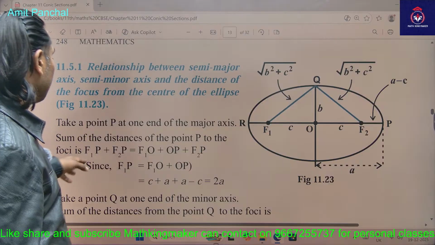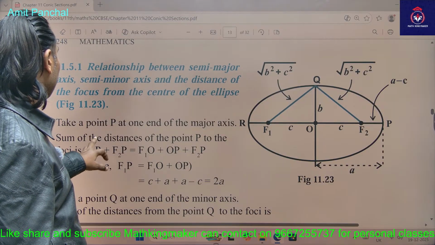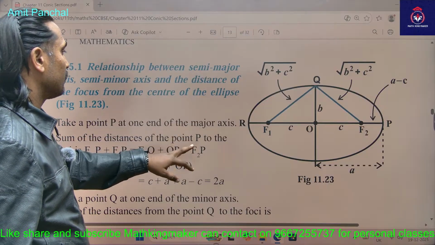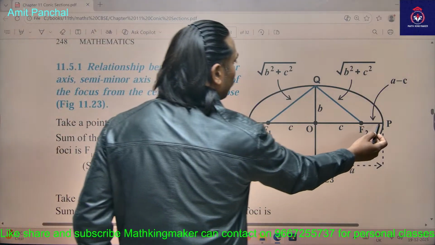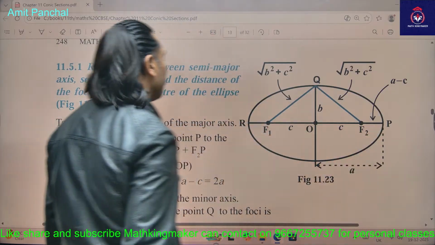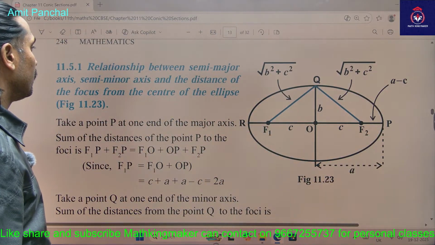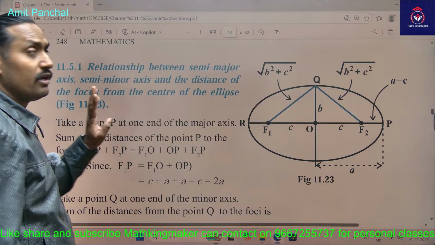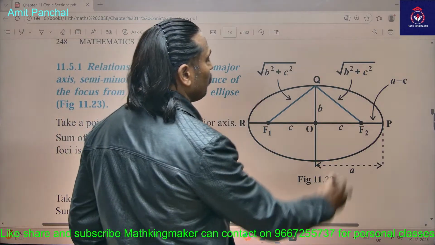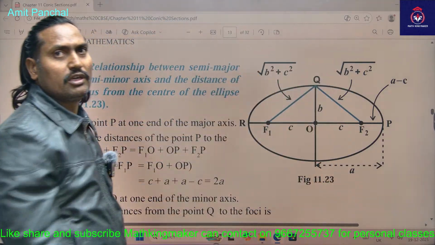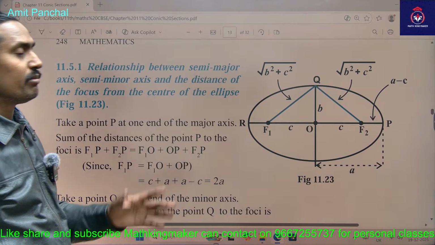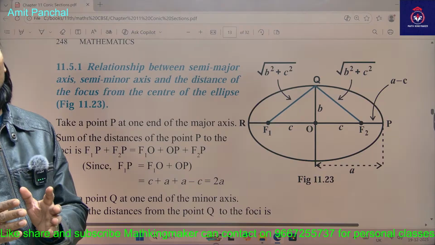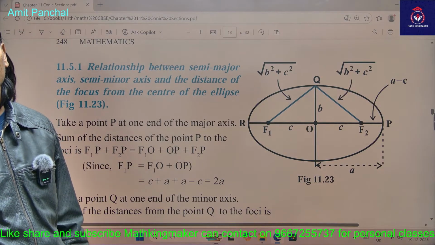we were having this property: take a point P at one end of the major axis. We have taken point P at the end of the major axis. The sum of the distances of the point P to the foci is... Now, we have seen that if we take any point on the ellipse, the sum of its distances from the foci will be a constant value, isn't it?